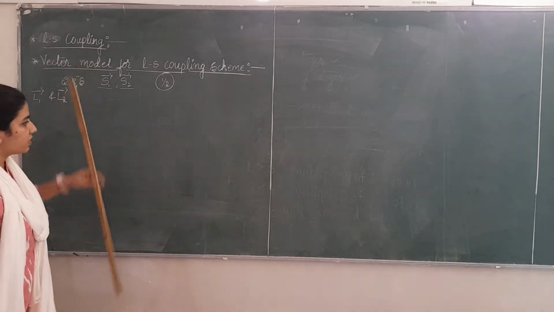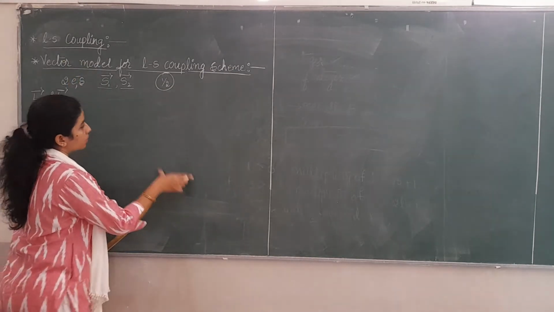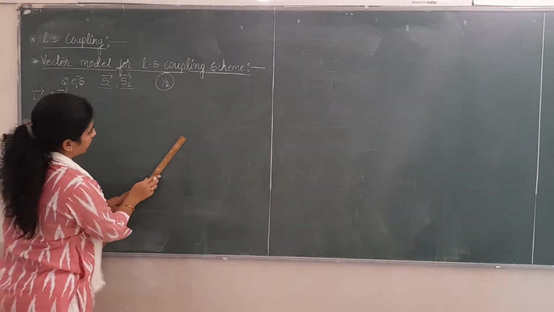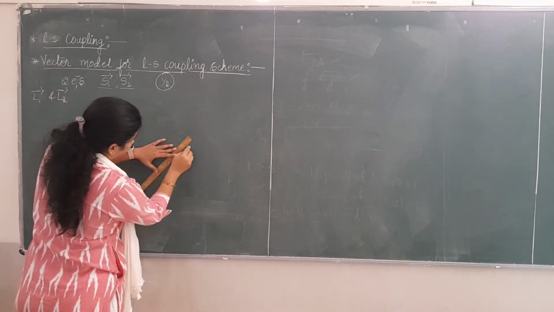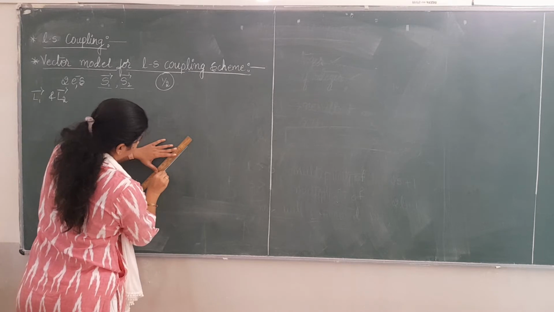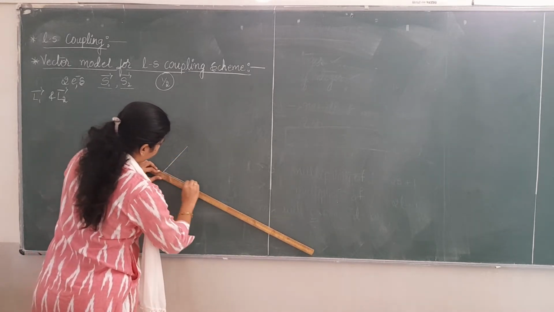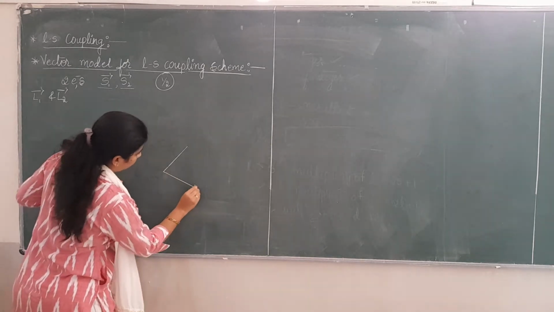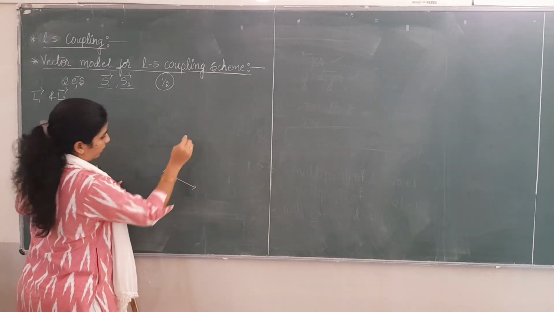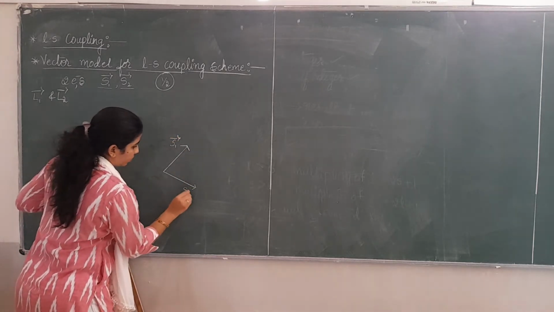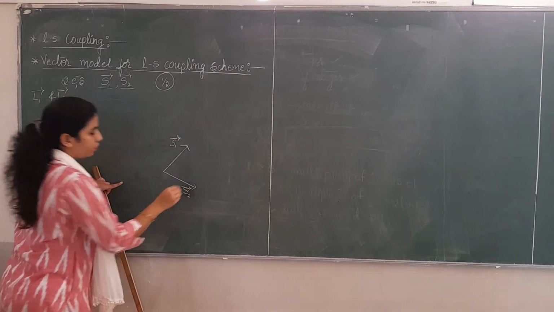So the magnitude is the same, and the vectors for S1 and S2 should have equal lengths. So this will be S1, this will be S2.